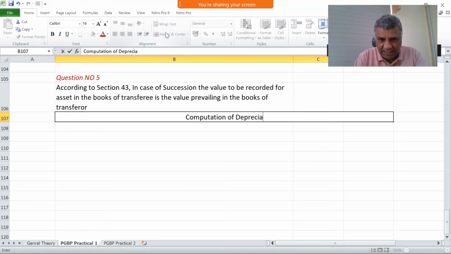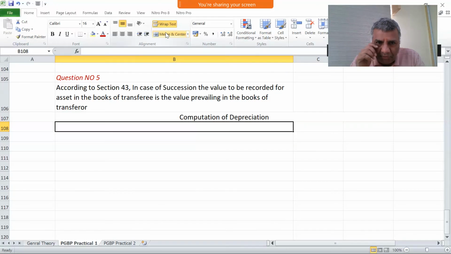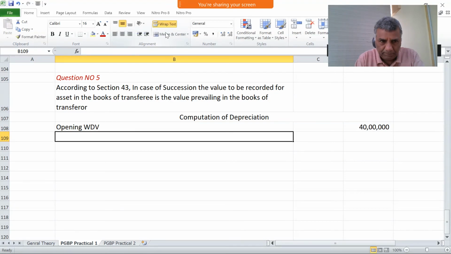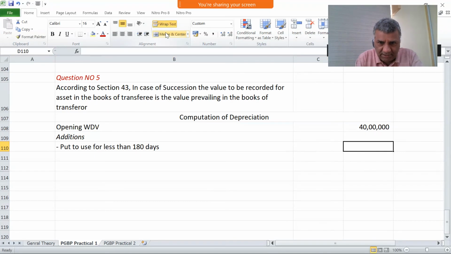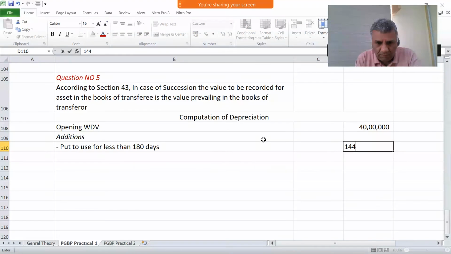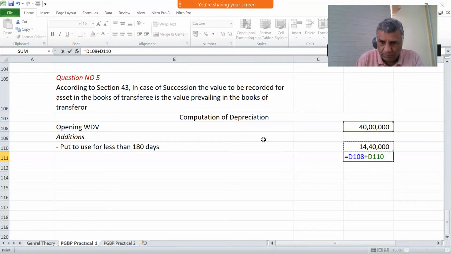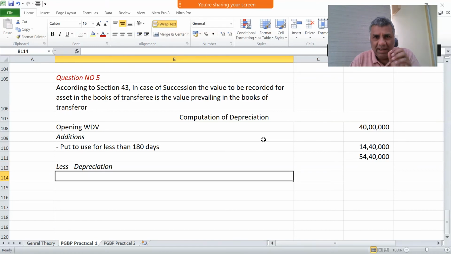Computation of depreciation. Follow my answer. Opening WDV 40 lakhs. Additions put to use for less than 180 days because it is purchased on 1st November for 14,40,000. Here I want you to understand, so please take your time.